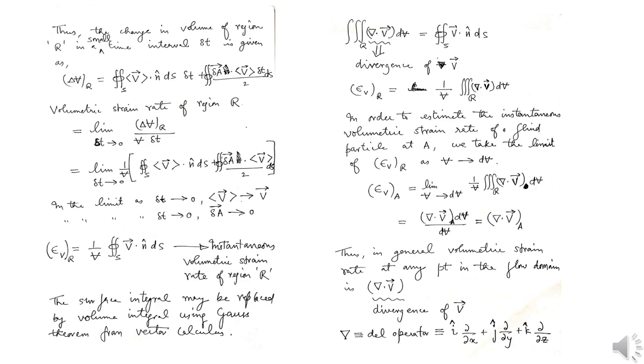So up till now I haven't told you anything about the divergence operation and what this operator is which we have written in the form of an inverted triangle, which we are calling the del operator or the gradient operator. In vector calculus you might have learned maybe in some mathematics courses about this operator.